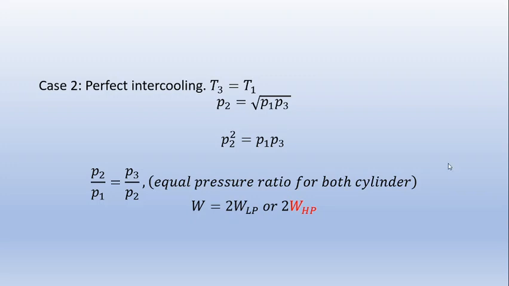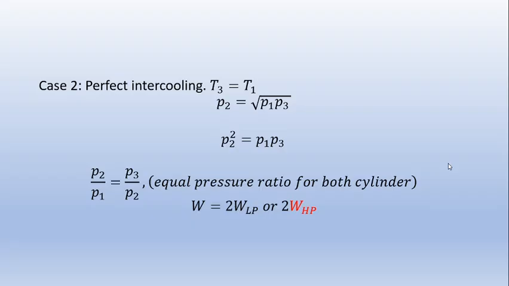Here is the second case, that is perfect intercooling. In perfect intercooling, I told you the temperature after intercooling T3 is equal to the intake temperature T1. So if it is so, then T3 by T1 is equal to 1. Then we will get the value of P2 equal to root of P1 P3.